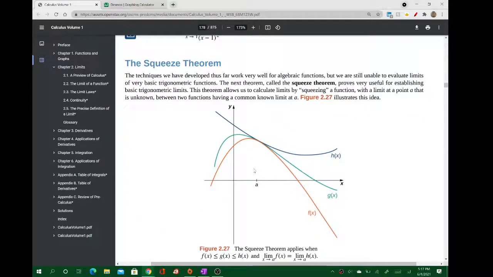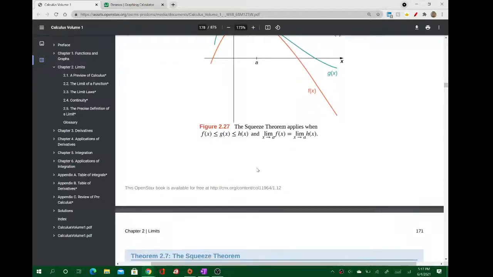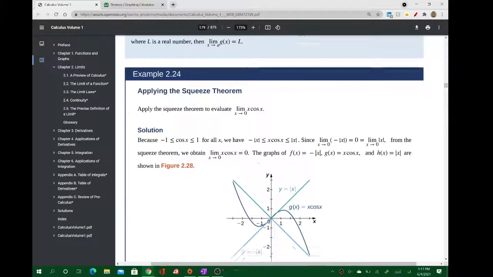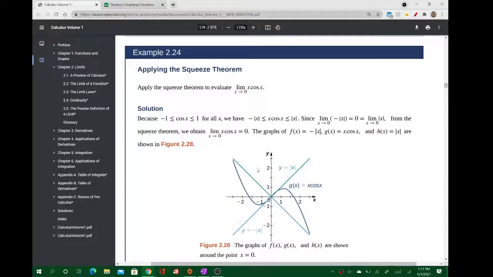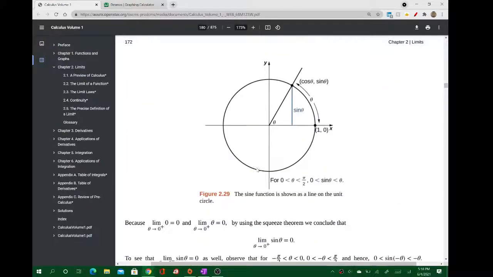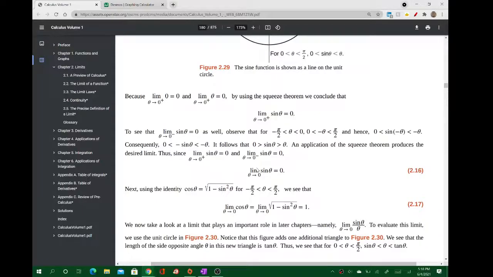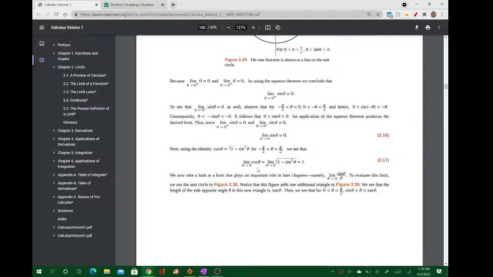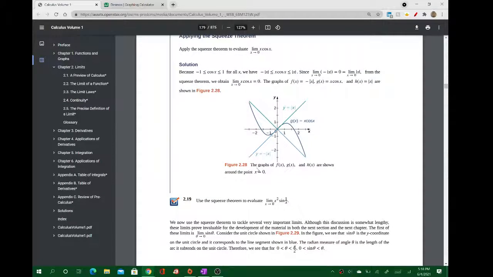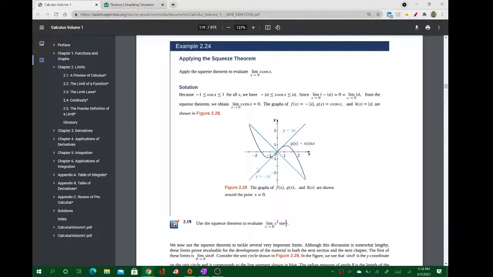Now, there is something called the Squeeze Theorem, which, I will not lie, is a little bit too complicated for me to explain. I am sorry, guys. I did do this in Cal 1, but it was very difficult.